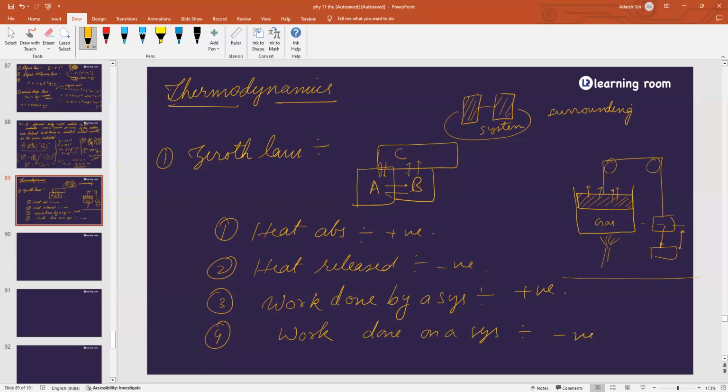Work done by the system decreases the internal energy, and work done on the system increases the internal energy. Understood?